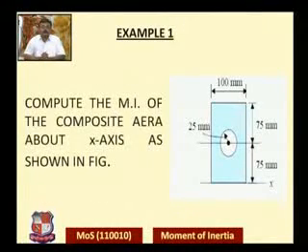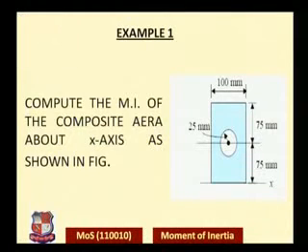Now I will take a few examples based on the theories, so the concepts will be clear to you. In this problem, if you see, there is a rectangular plate inside which a circular hole is cut. The dimensions are given, all the dimensions are in mm, and we have to find out the MI of this area about the x-axis.